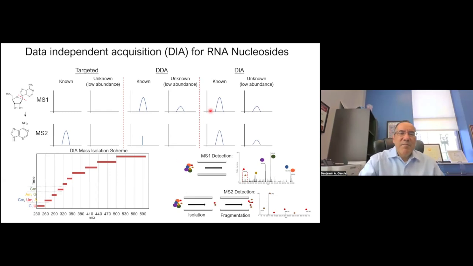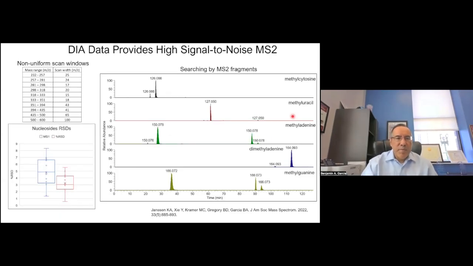And so DIA is kind of in the middle. Whether something is known or unknown, you are taking mass ranges and fragmenting everything together. So you get MS1, you let everything through at the MS2 and fragment it in a smaller mass range, stepping through. Something that's known, you're going to detect in the MS2, and something unknown, you're going to see as well. We've been using this and in general find that MS2 quantification is much more accurate than MS1.